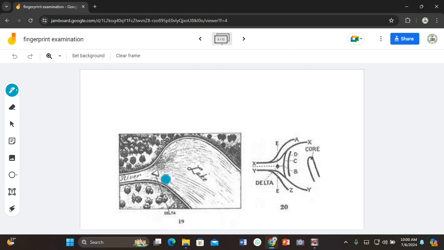At that point, at the mouth of that river, because the river normally carries sand from the upper region to that area, and because at that area the speed of the river is very slow compared to the upper part, it will deposit its sand at the mouth of the river, where it is about to enter the ocean or the lake.